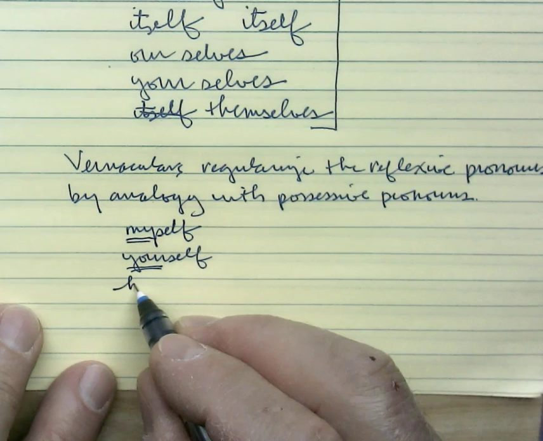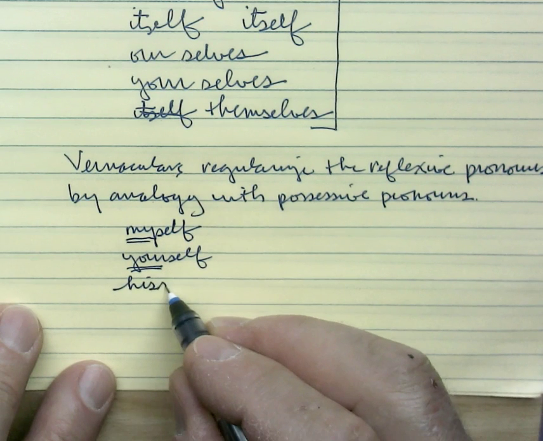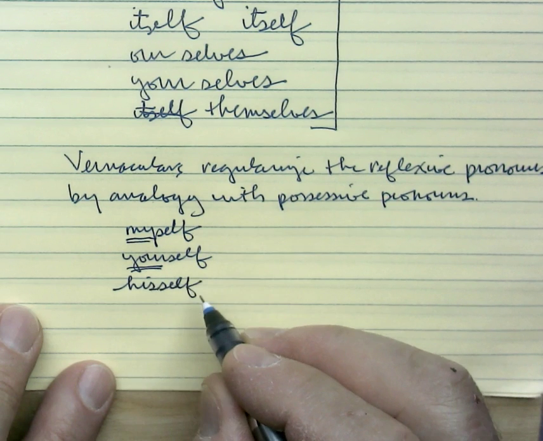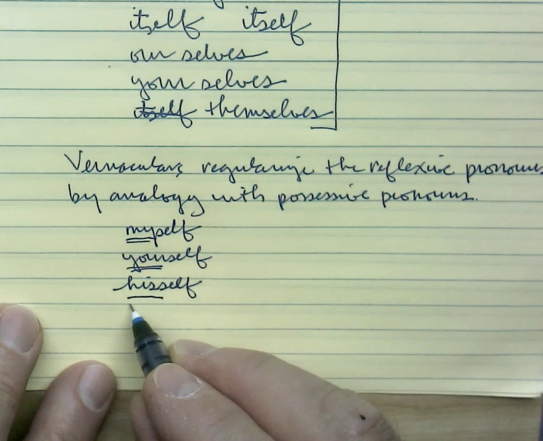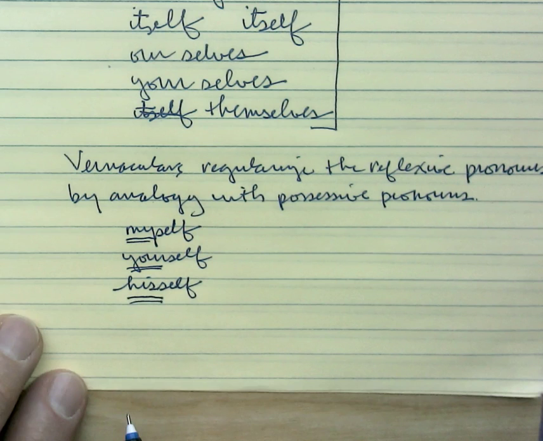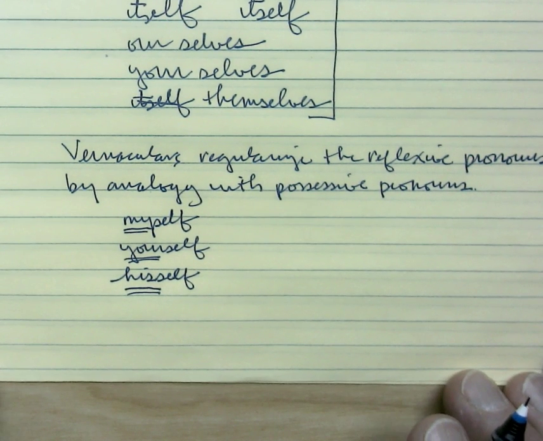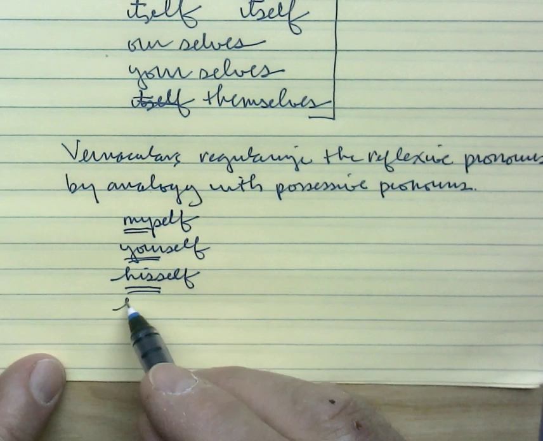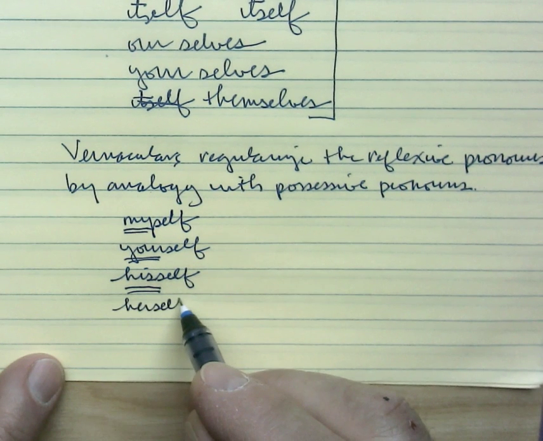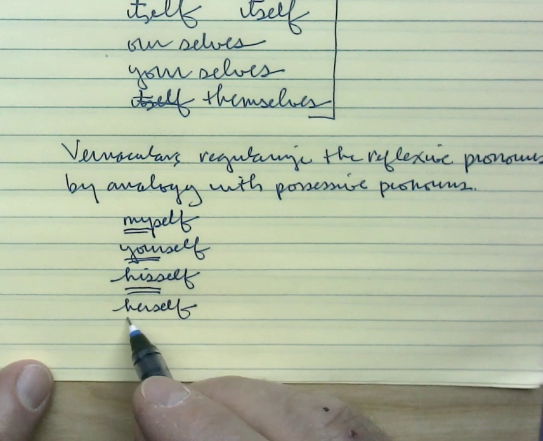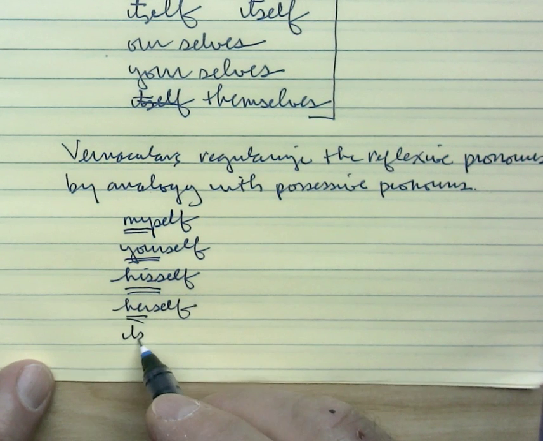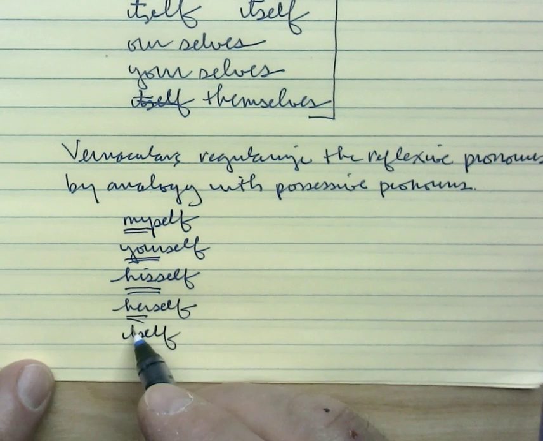Now, instead of himself, it becomes hisself, because his is the possessive pronoun, or the possessive adjective. And then you have herself. That doesn't change. Still have that her. Of course, you have itself.